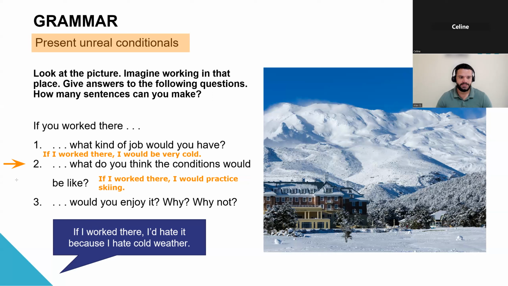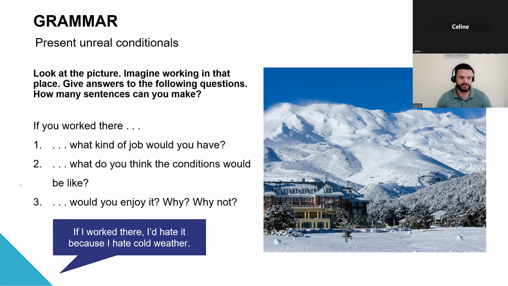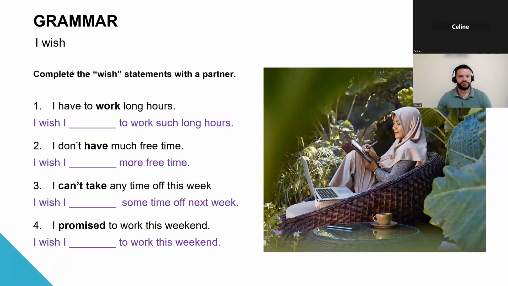All right, let's erase, and we're almost finished, Celine. Just a couple more minutes, okay? It says, I wish. So I wish is always going to be followed by the simple past. So let's read the instructions here.